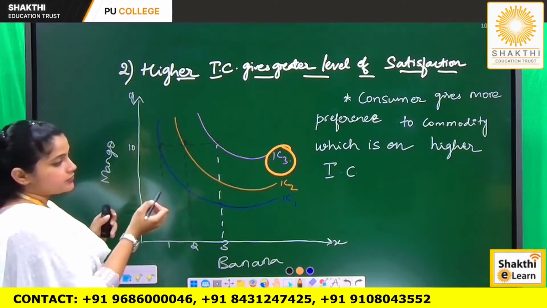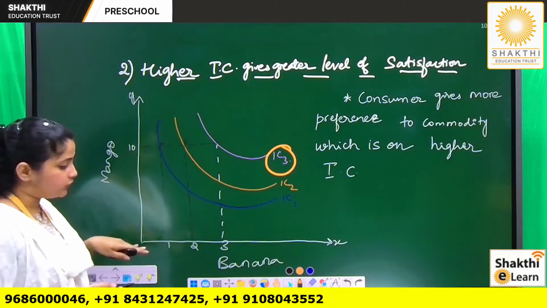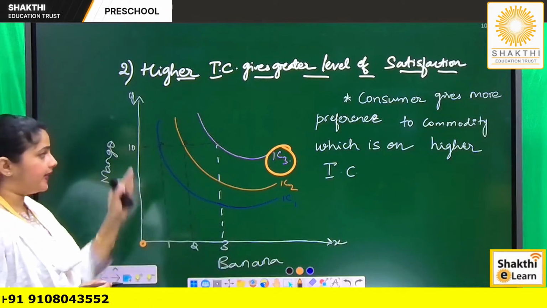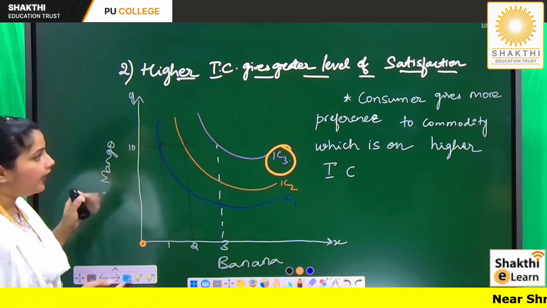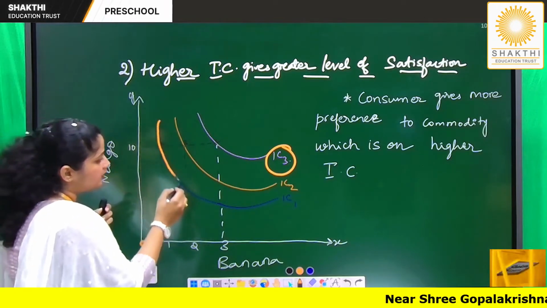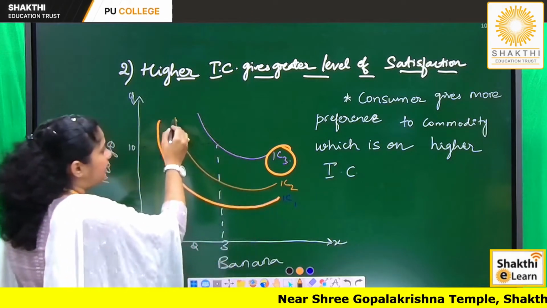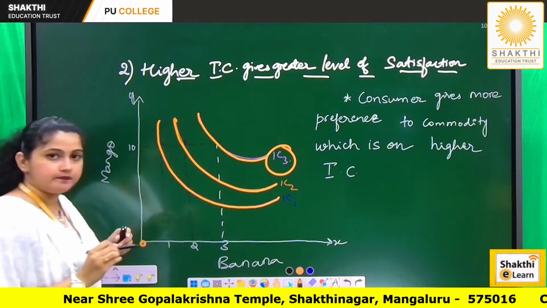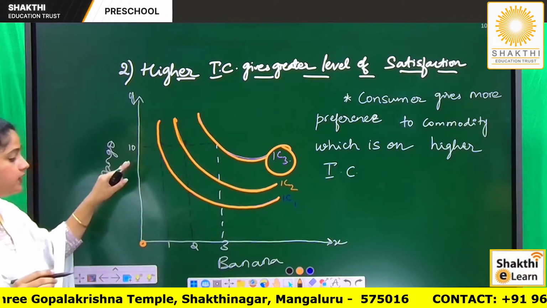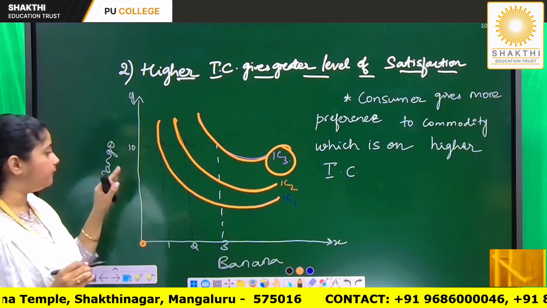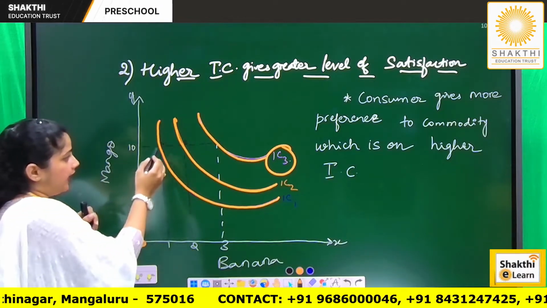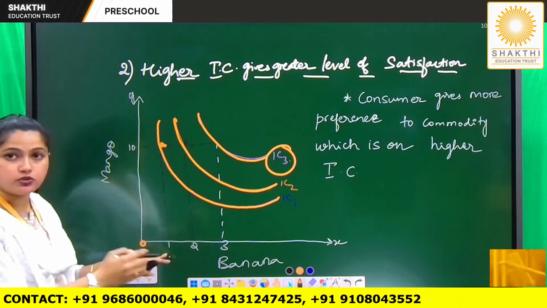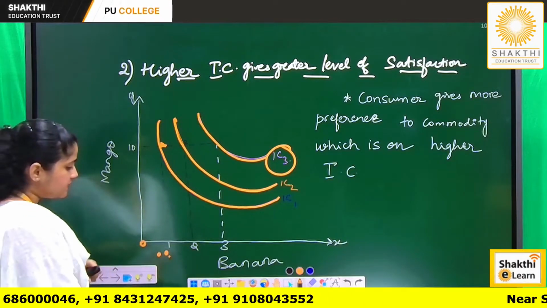Let me explain the graph thoroughly. As usual, OX-axis and OY-axis: the OX-axis represents banana, the OY-axis represents mango. I have drawn the three curves, IC curve 1, IC curve 2 and IC curve 3. An individual is going to consume 10 units of mango, and consumer A consumes 1 unit of banana.